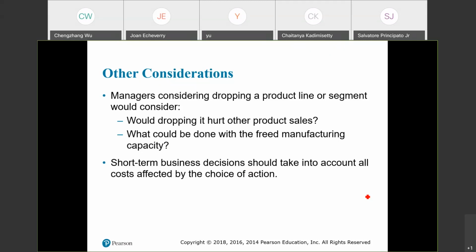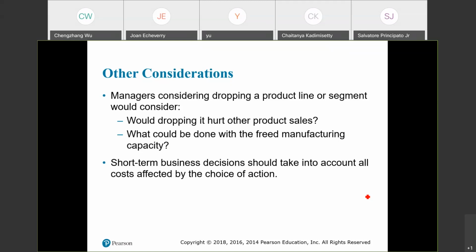In such a situation, the managers also include the contribution margin from other departments affected by the change when deciding whether to drop one type of product or to drop a department.